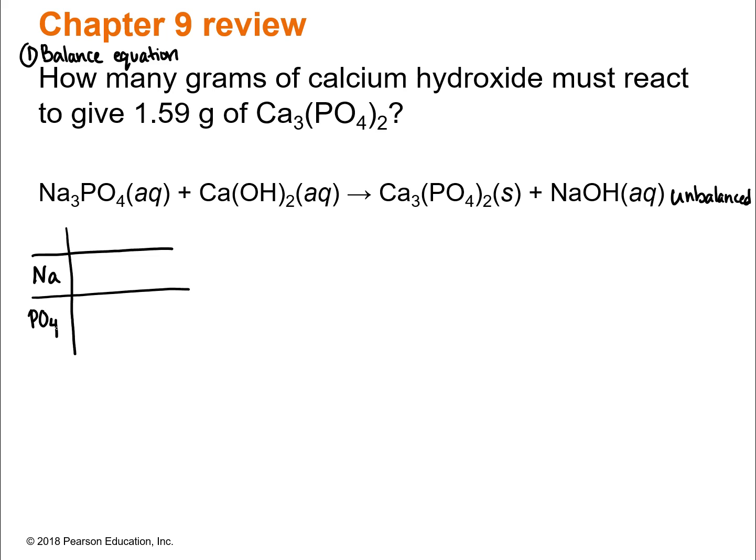So I'm keeping together the phosphate ion as well as the hydroxide ion because they appear on both sides. You see PO4 here, PO4 here, hydroxide, hydroxide. We don't see any oxygens or phosphorus or anything outside of these ions. So we can keep them together and make our lives much simpler.